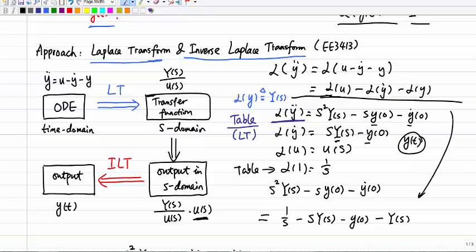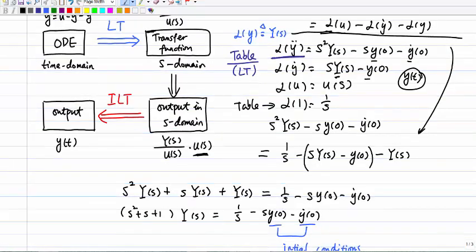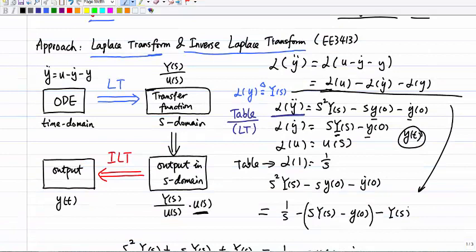The left hand side is L of y double dot, which is s squared times Y of s minus s y0 minus y dot 0. The right hand side is L of u. Here u is 1, so L of 1 is 1 over s, and minus L of y dot, which is minus s Y of s minus y0, and minus Y of s, which is L of y.